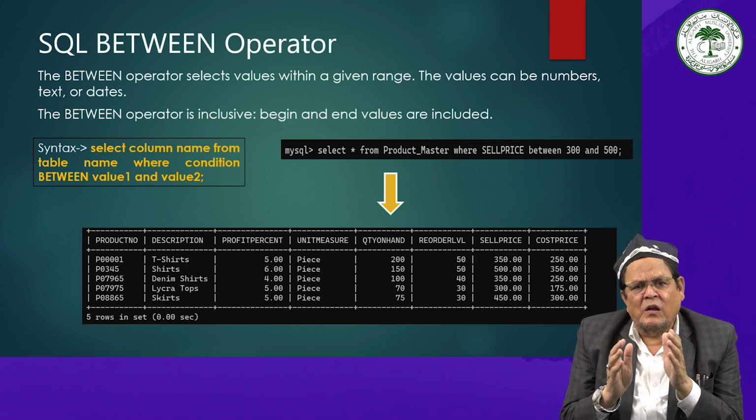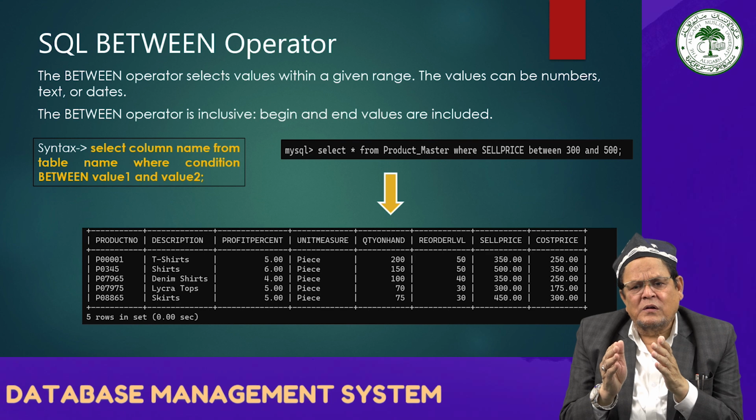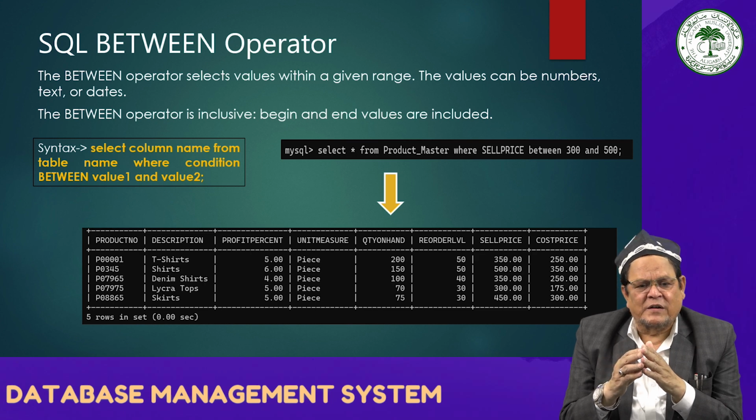In MySQL, how do you write it? Select * from product master where sell price between 300 and 500. It will display all the tuples whose sell price is between 300 and 500.